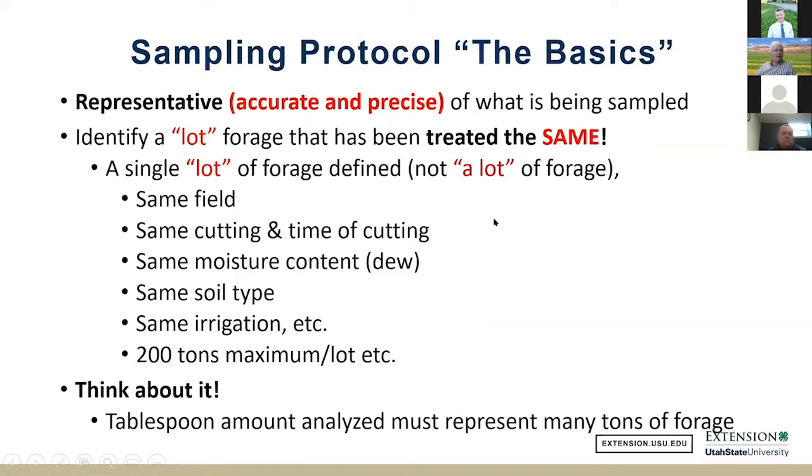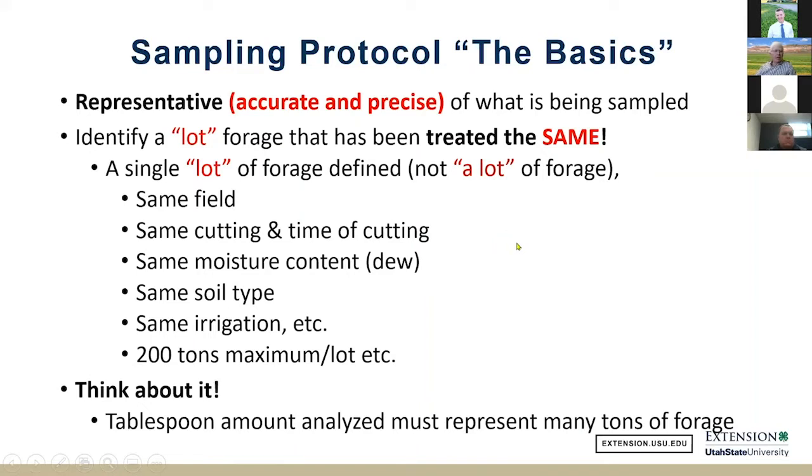So, sampling protocol. We've talked quite a bit about the basics already. Again, Grant, most of his presentation talked about this, but when it comes to forages, as you think about being representative, accurate, and precise, the first thing you want to do, whether it's silage or alfalfa, is to identify a lot.